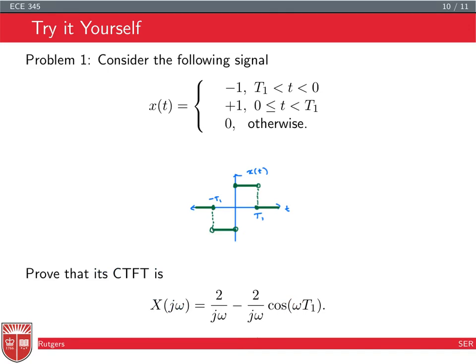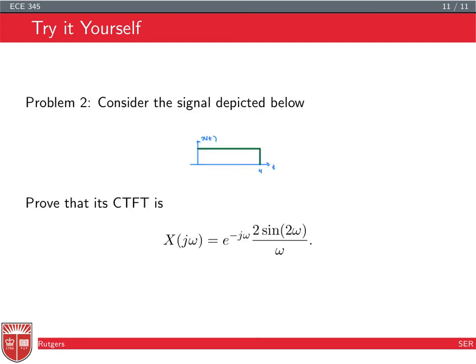I'm going to end this lecture by giving you a few examples to try yourself at home, and I'm giving you the answer here so you can double check your results. The first problem is to consider the following signal x of t given in this figure, and also given by this expression, and to prove that its CTFT has the following expression.